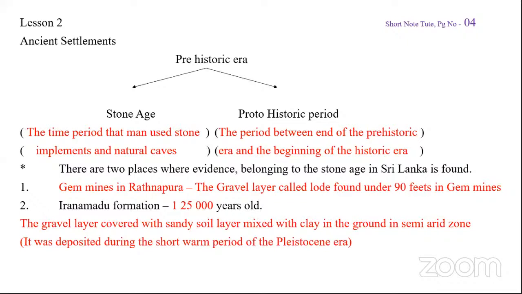After this time period, what happened? Sri Lanka and South Asia had been subjected to a dry period, like two to three long periods. In the time period, because of the heavy rain, the central hill country had been subjected to erosion. So these regions had been covered with a huge layer of soil.